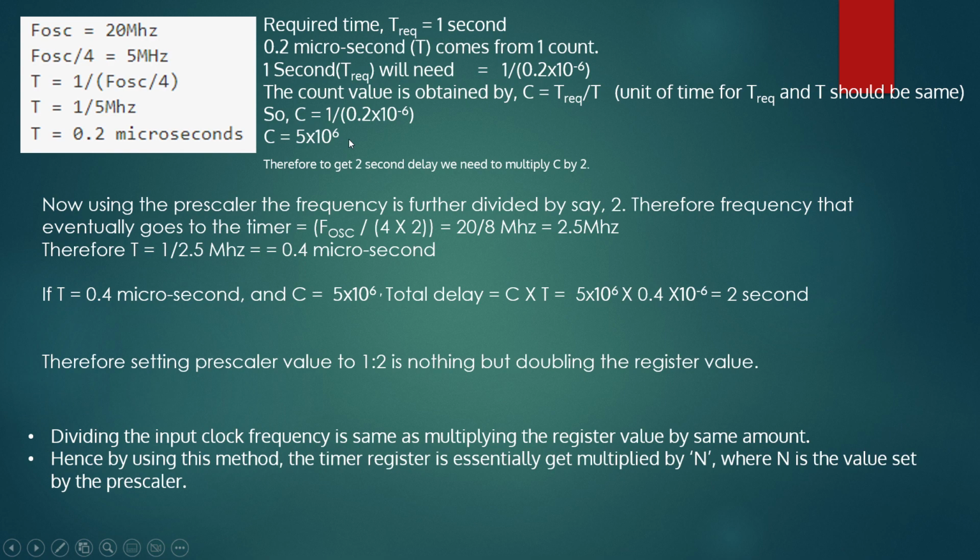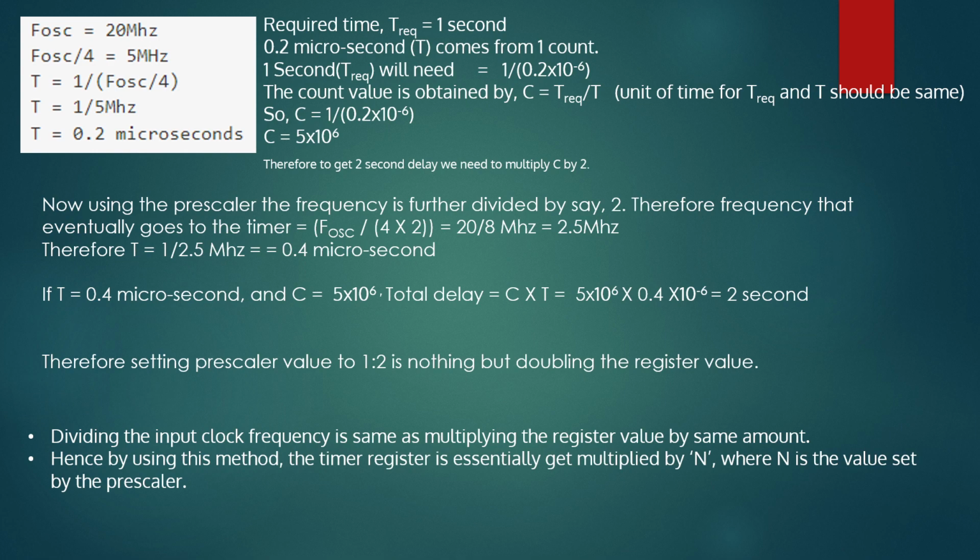Meaning the timer register has to have a value of 5 into 10 to the power 6. It will start counting from there, go down, down, and finally reach 0. When it reaches 0, one more clock is required. And when it is done, you have got a 1 second delay.